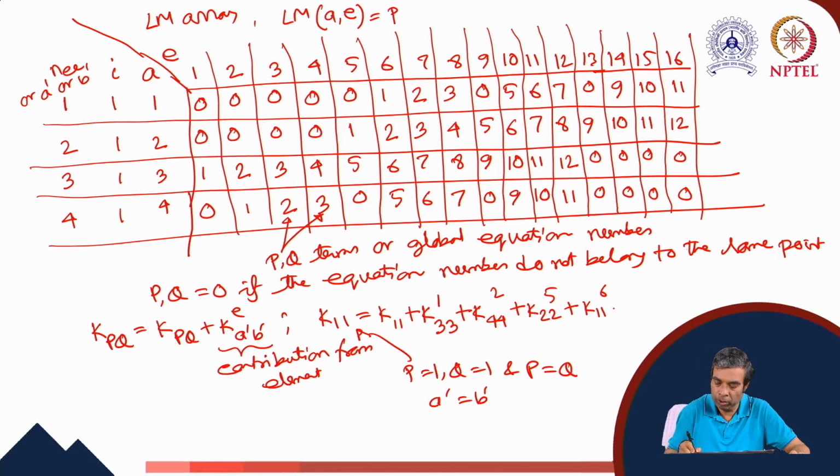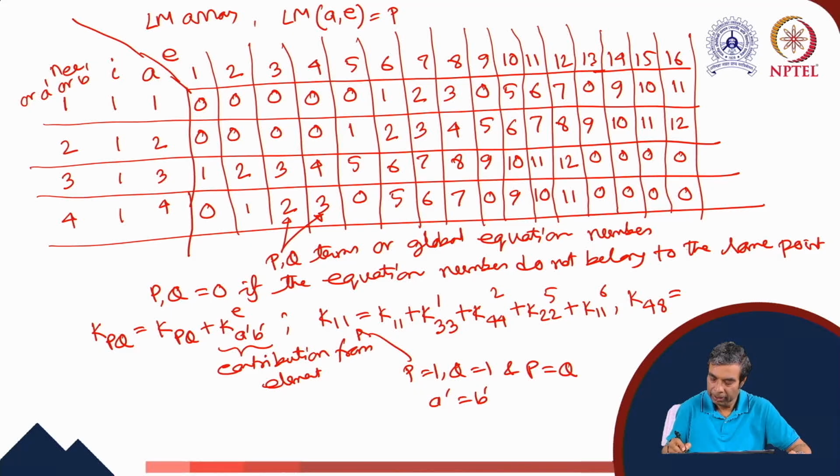Now we consider one off diagonal term, for example K48. Let us search in which elements 4 and 8 are both present. In the first, second, third, fourth, fifth, sixth, seventh, it is not there, but we have it at the 8th element.